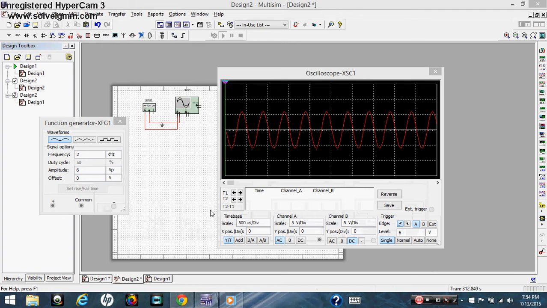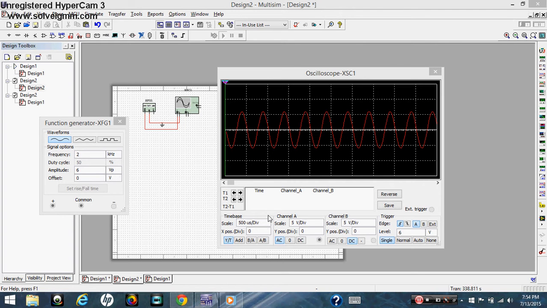Okay, so all right, we have a signal generator here set to the values of 2 kilohertz for the frequency, 6 volts for the amplitude and 0 volts for the offset. And right here we have the oscilloscope, which shows us the waveform and how it is produced.